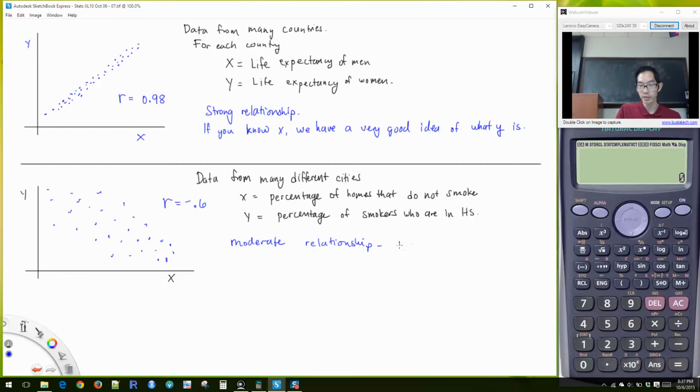And it's negative. Okay, so knowing X gives us an idea of Y, but does not tell us everything.